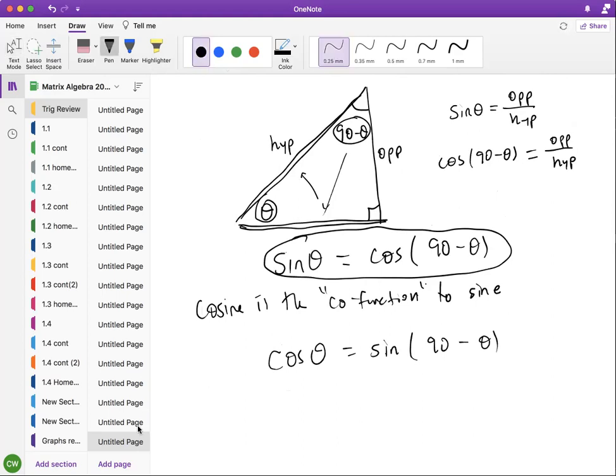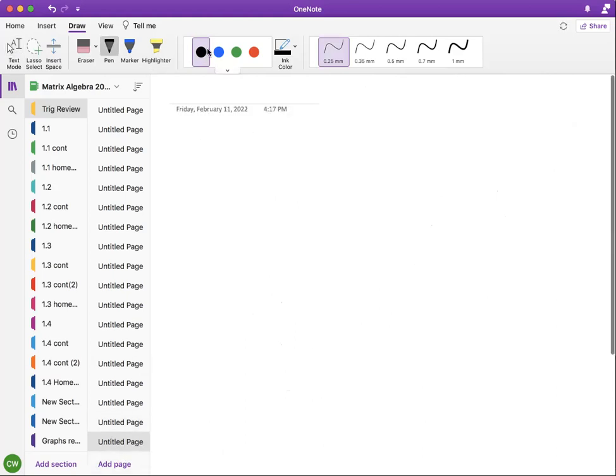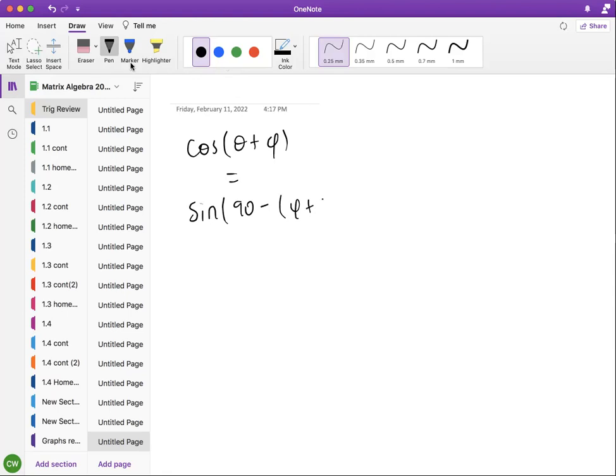All right, so let's say we want to come up with a formula for cosine of theta plus phi. What can we do? Well, we don't have a sum angle formula right now, but we do know that cosine is equal to sine of 90 minus theta plus phi.